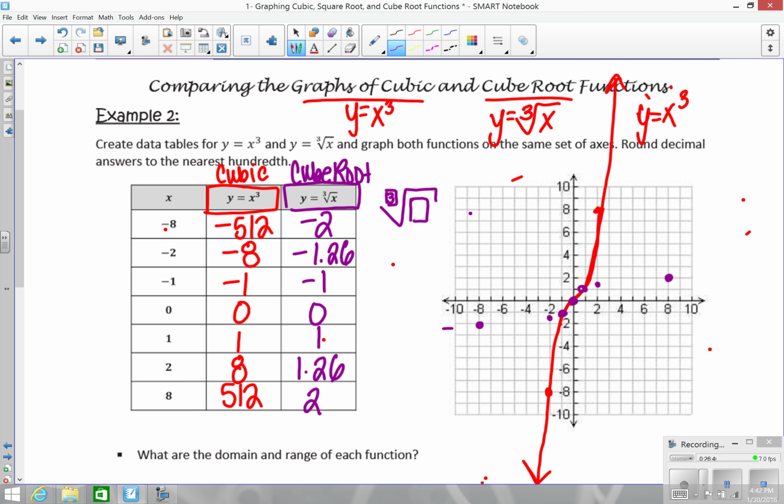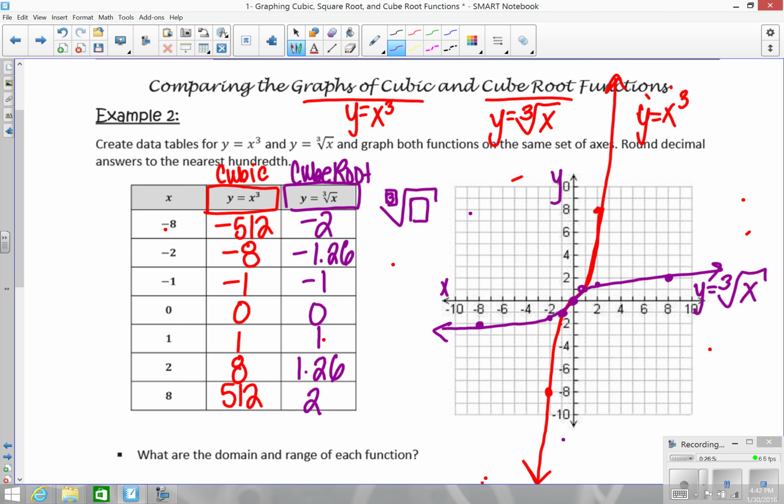So this one is going to still be increasing, but definitely at a slower rate here. So I have y equals the cube root of x. And again, I should label my axes.